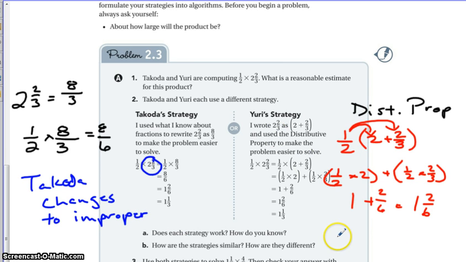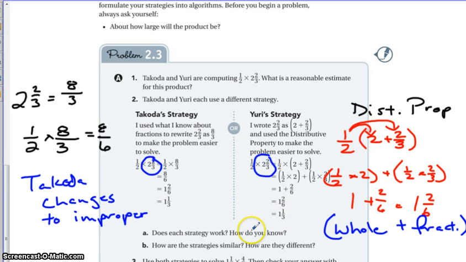Yuri, on the other hand, takes the 2 2/3 and cuts it into an addition problem, because 2 plus 2/3 would equal 2 2/3. So she gets rid of the mixed number by separating the whole number plus the fraction. She writes it as two separate pieces.